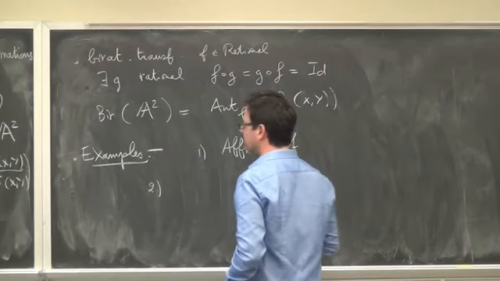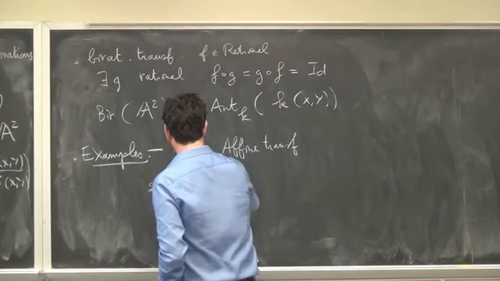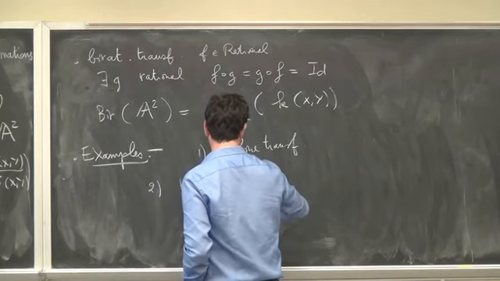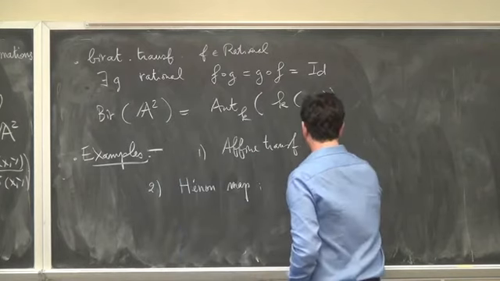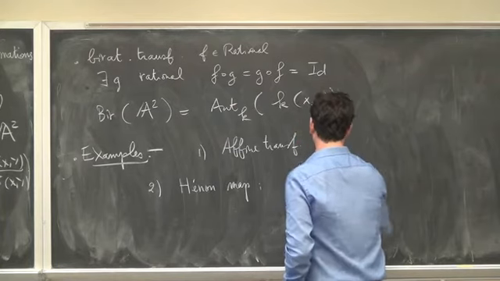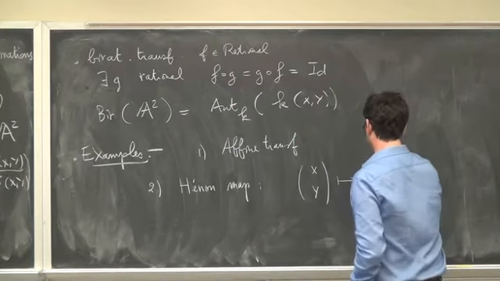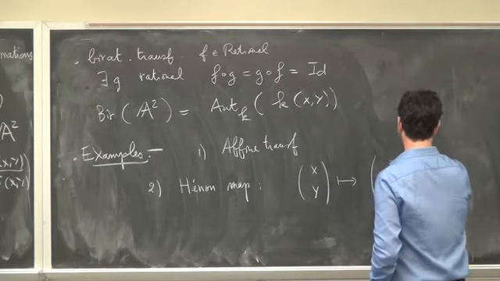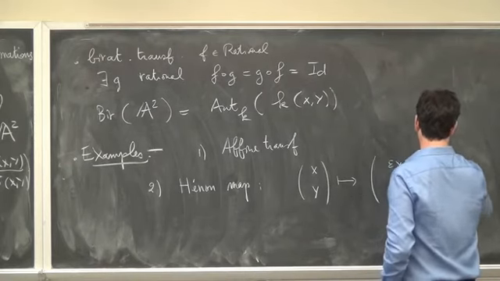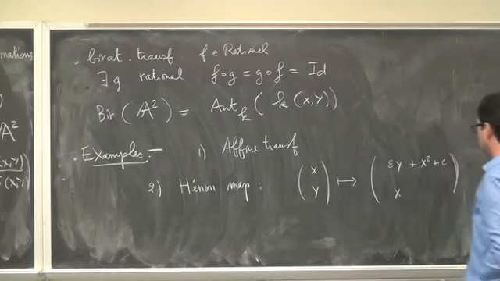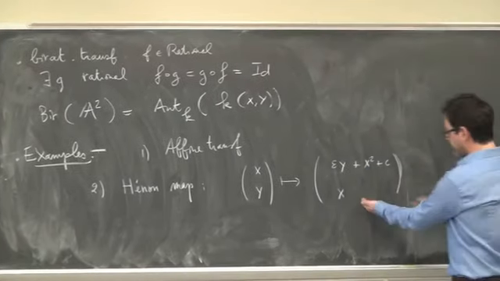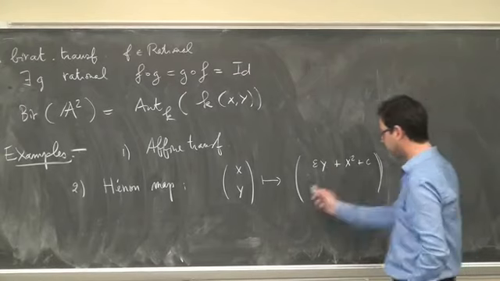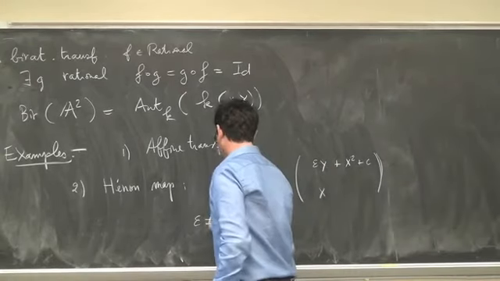The second example is what we call the Hénon transformation, or Hénon map. Take (x,y) and map it to, for instance, (x, epsilon y plus x squared plus c). It's invertible because you know x and then you know y, at least if epsilon is not 0.